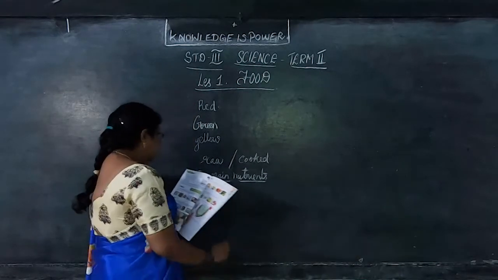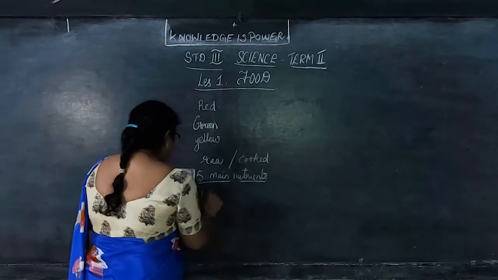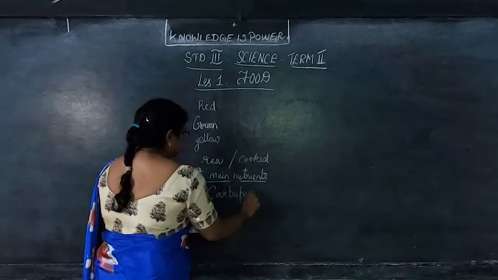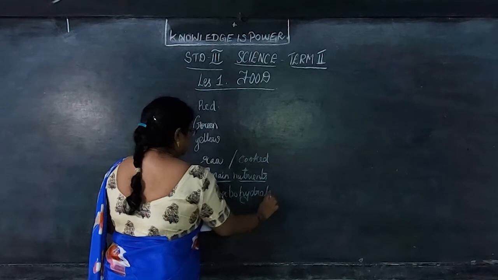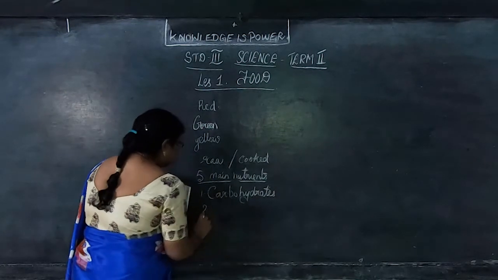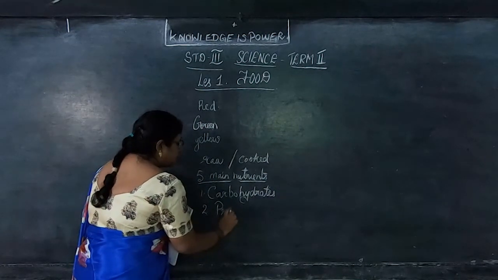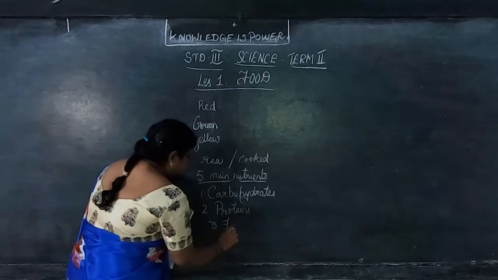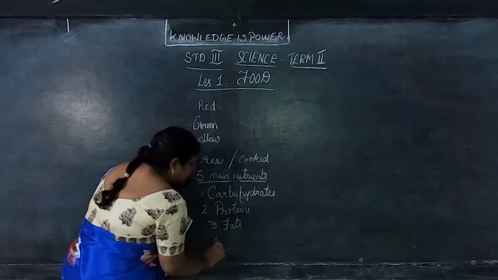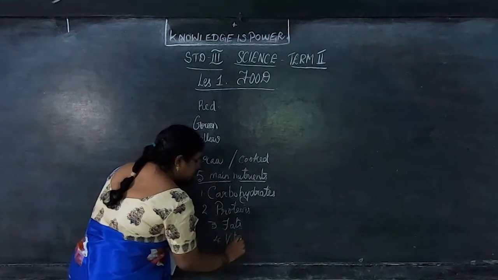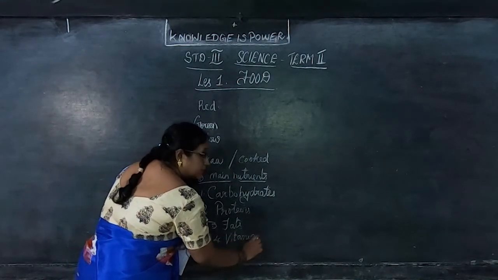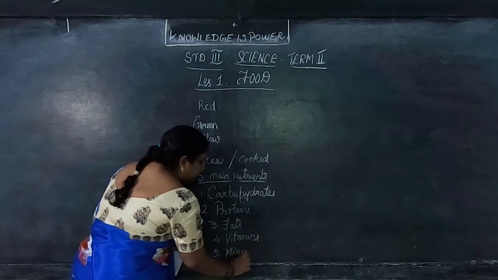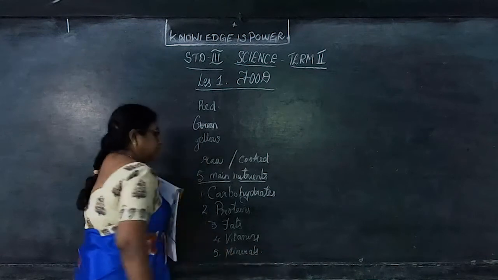First one is carbohydrates, then proteins, then fats, vitamins and minerals. Okay, children, so these are the 5 main nutrients in our body.